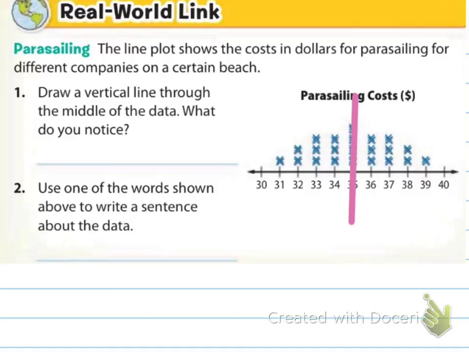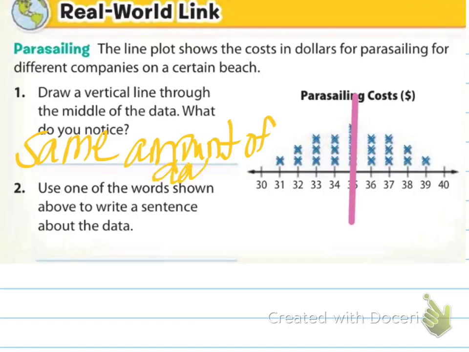Not numbers, of course, but the same amount of data on both sides. Now looking back up, when we were doing our little match, what did that mean whenever we had the same amount of data on both sides? That's same. One of the words shown above was symmetry.